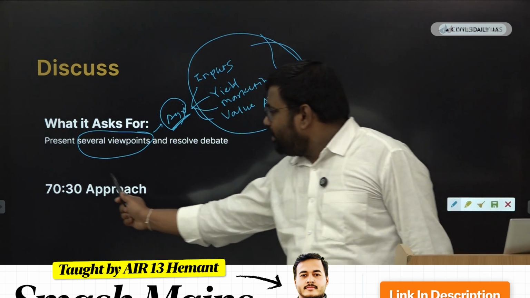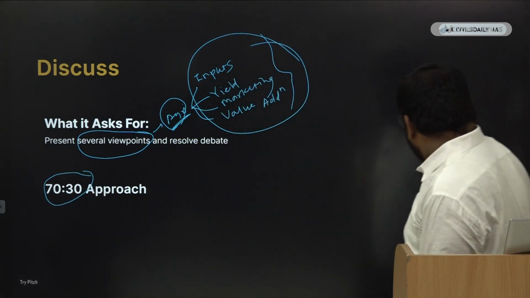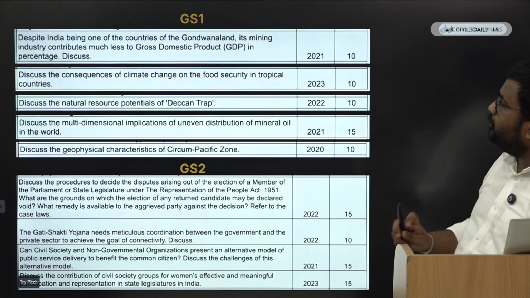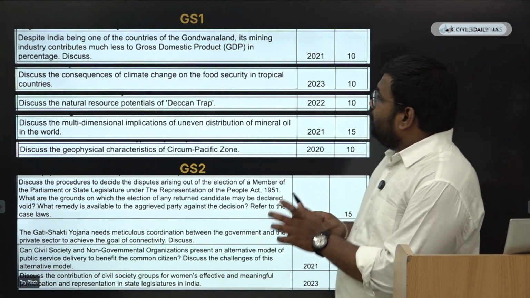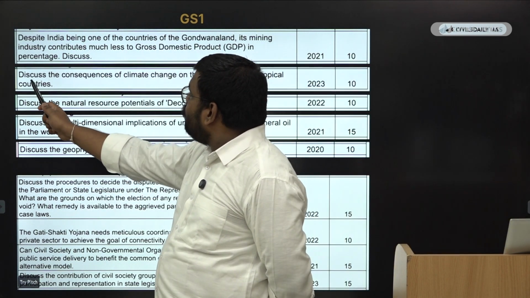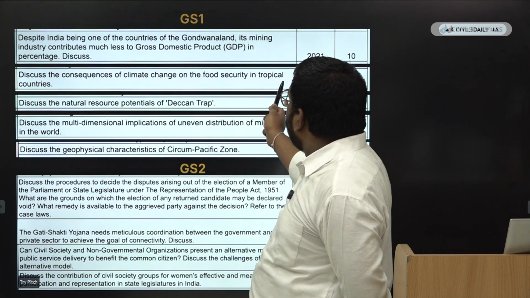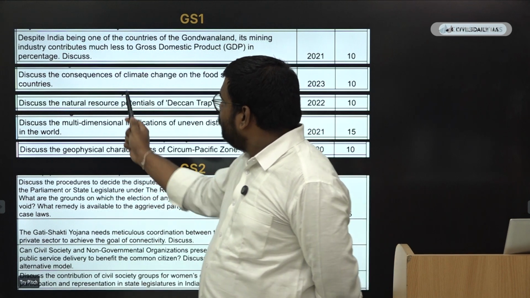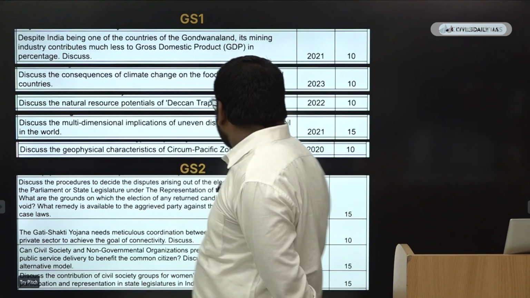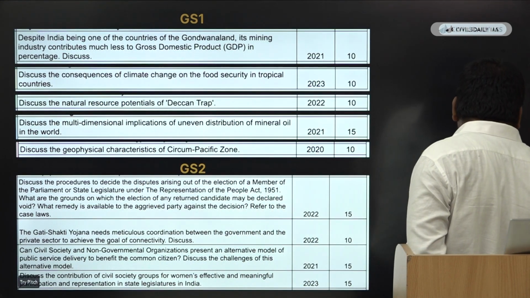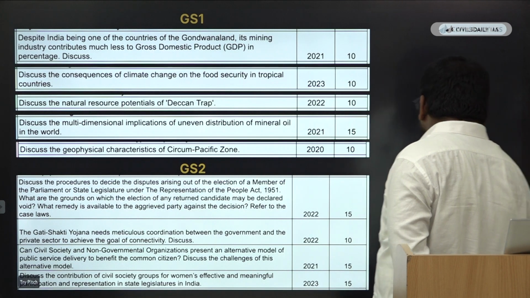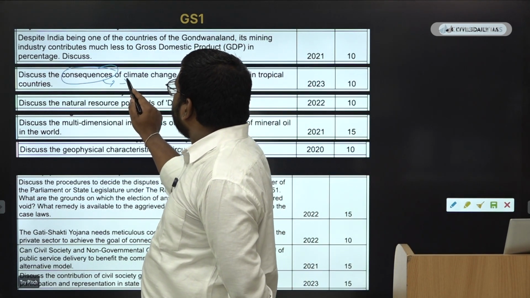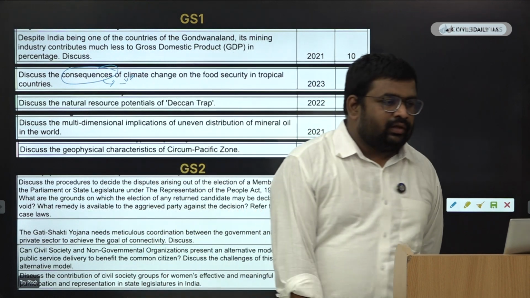There, the 70-30 approach you can use. So if you see the questions, now if you see, discuss the consequences of climate change on the food security in tropical countries. Again, they have asked about the consequences. So your consequences, yes, the majority of your consequences will be negative, right?